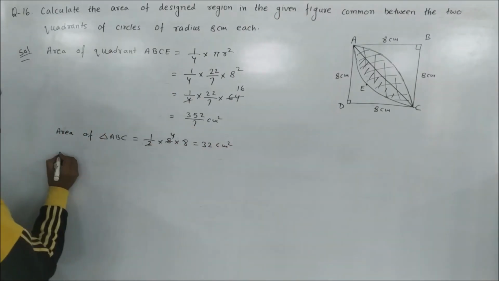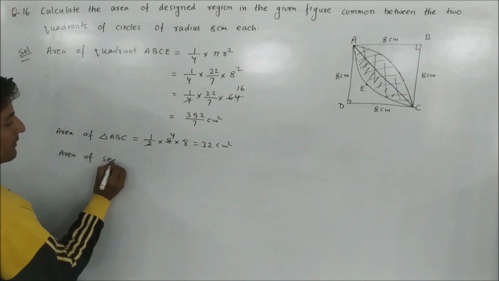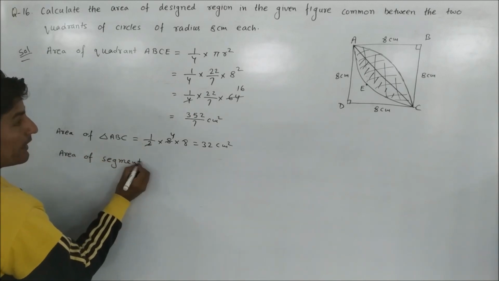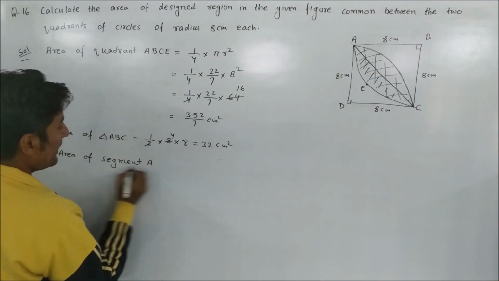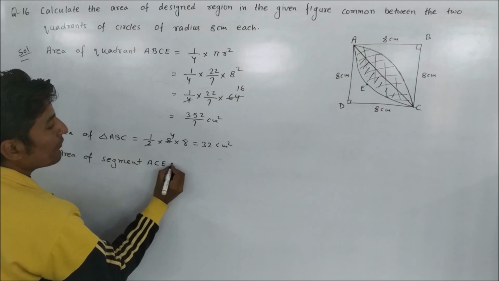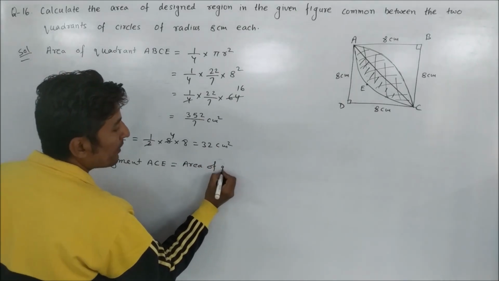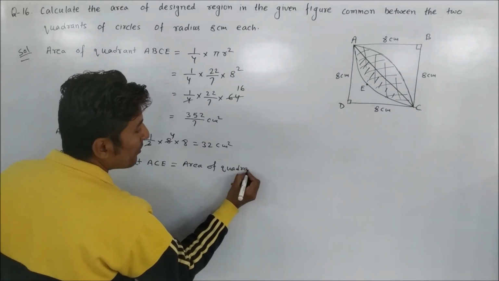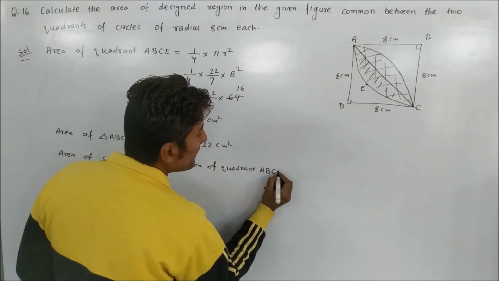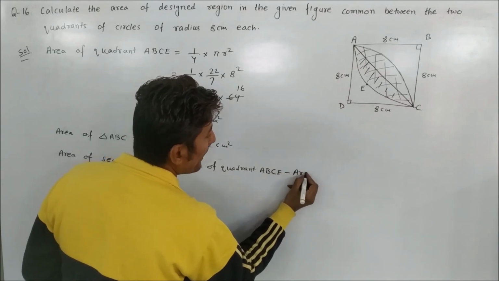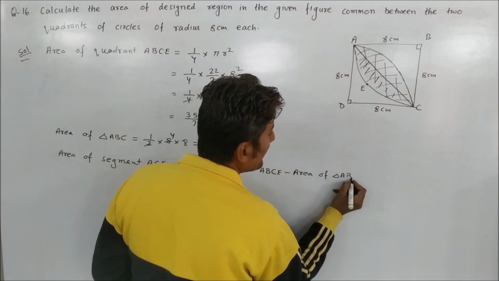So area of segment ACE will be equals to area of quadrant ABCE minus area of triangle ABC.